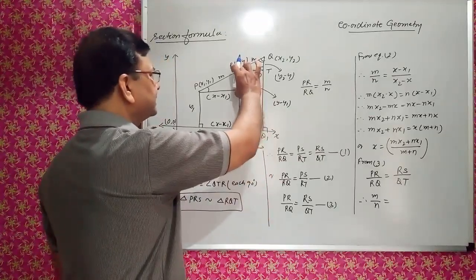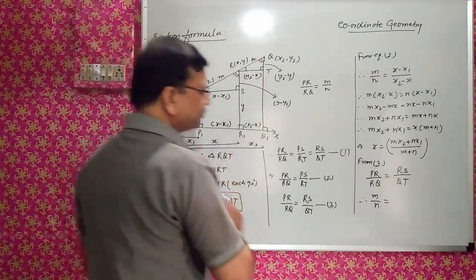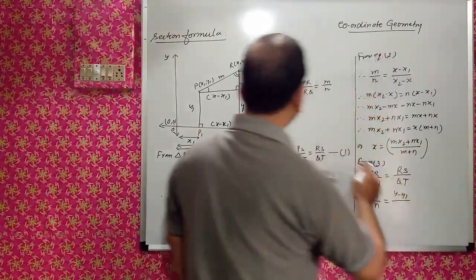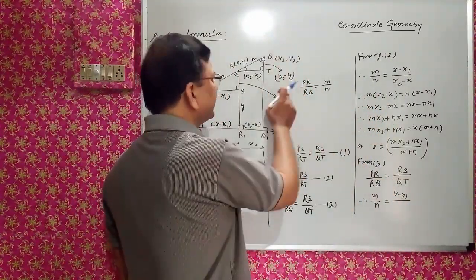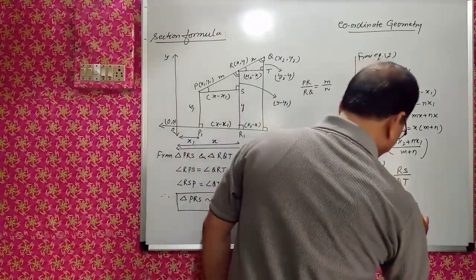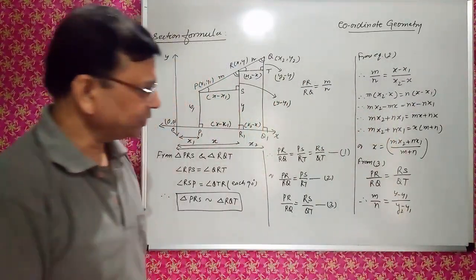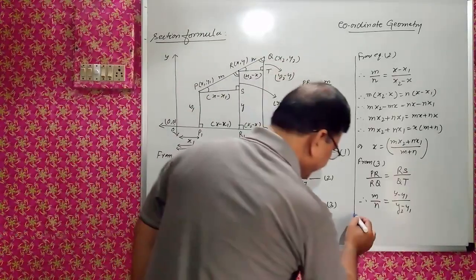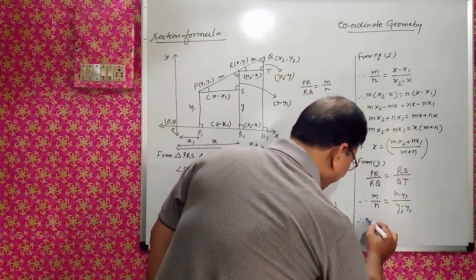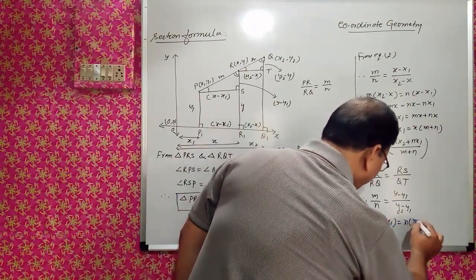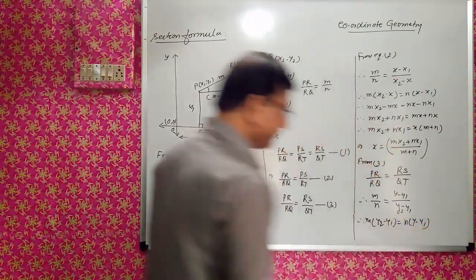What is RS? This part. This part is y minus y1. So y minus y1 upon QT. This QT is y2 minus y. Further simplification, by cross multiplication we will get m(y2 minus y) is equal to n(y minus y1).